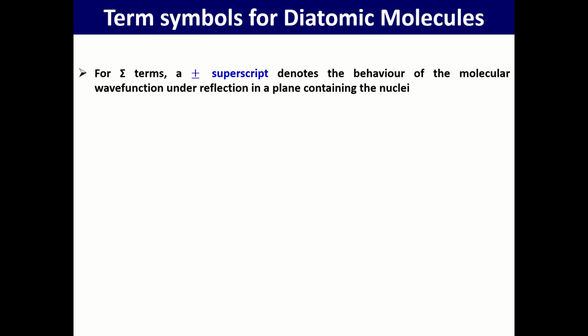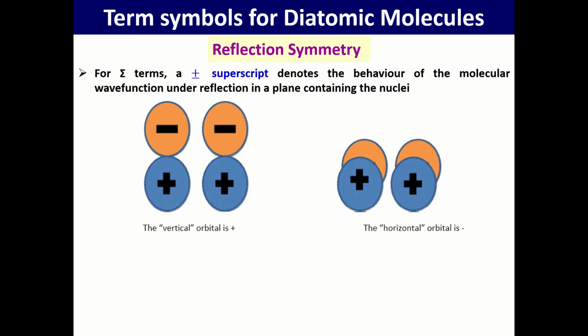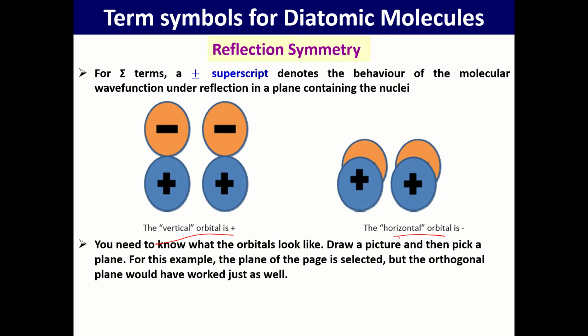So these were the basic rules that we learned, and vertical, horizontal orbital, you look for a mirror plane either in the plane of the board or perpendicular to the board, and you will arrive at the conclusion that this is having plus, this is minus.